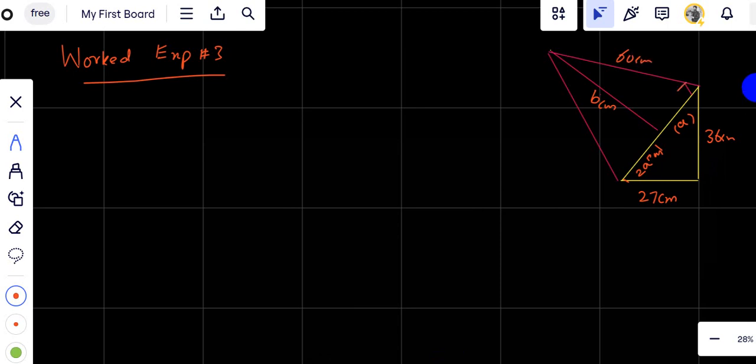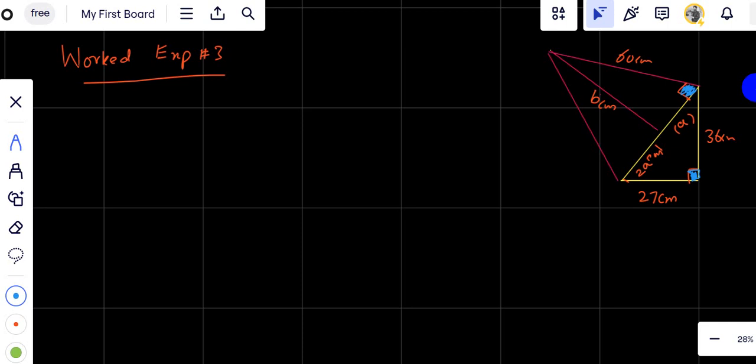So this is 90 degrees, and here the angle is 90 degrees. I'm coloring these angles with blue so that we can clearly differentiate. Okay, here we have two right triangles. Perfect. One is blue and the other one is red.